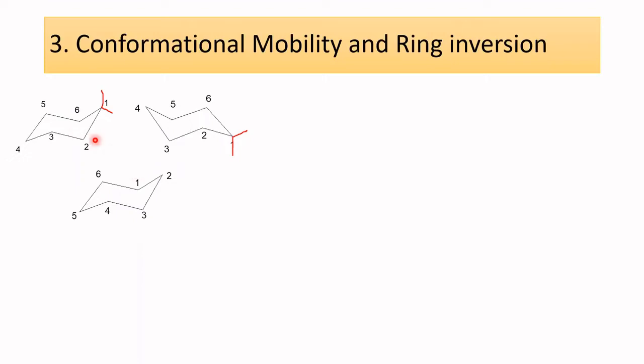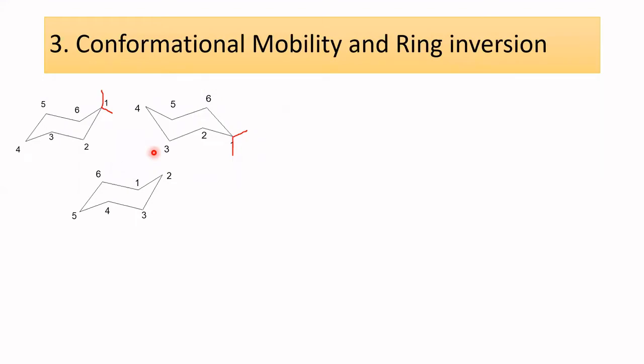So in short, pseudo rotation involves two ring flips. When intramolecular movement of the atoms or changes in the conformation bring about a new structure which is not equivalent to the previous, we call this concept ring inversion. And if I change this to another structure which is equivalent to the previous one, I call this concept pseudo rotation. So these two words are different, ring inversion and pseudo rotation.